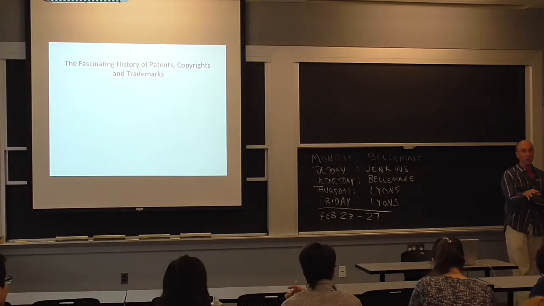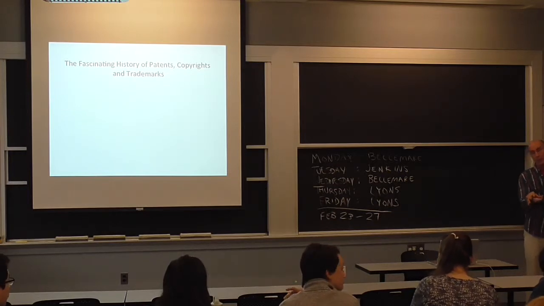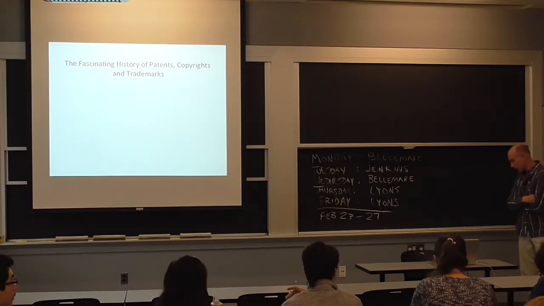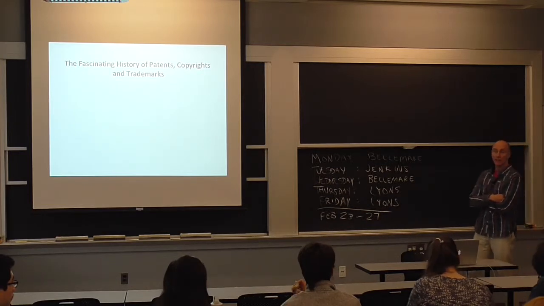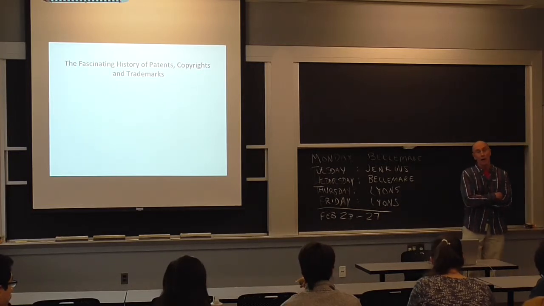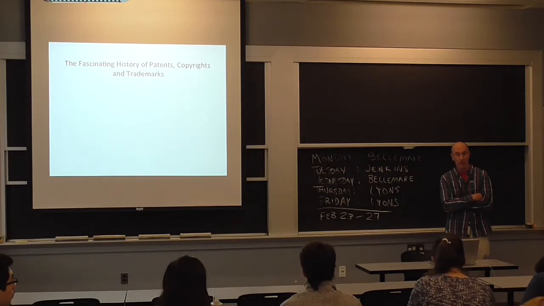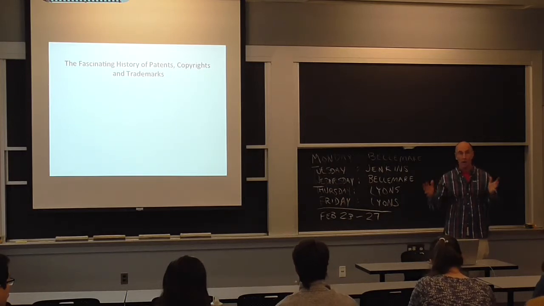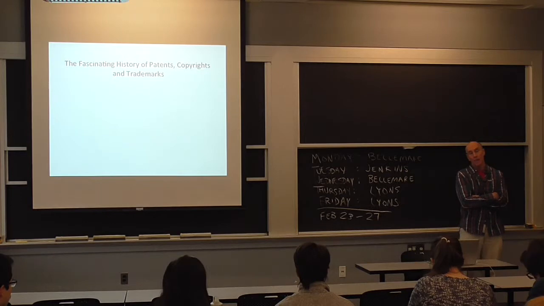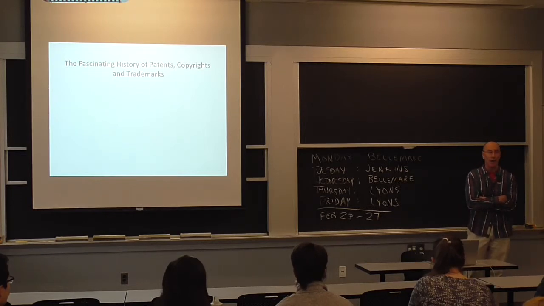After we get through the historical origins of patents, copyrights, and trademarks and talk about some of the technical differences between the three, we're going to devote some serious time to a technical understanding of how to obtain a modern patent, trademark, and copyright.